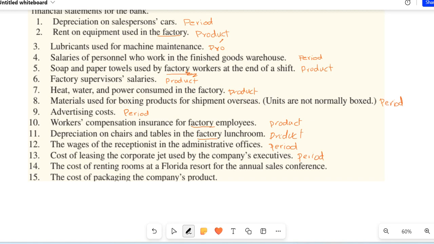Now, the cost of renting rooms at a Florida resort for the annual sales conference, this will be a period cost. And the last, the cost of packaging the company's product. This is a normal packing which is done on every product, regardless of where it is being sent. This will be included in the product cost.